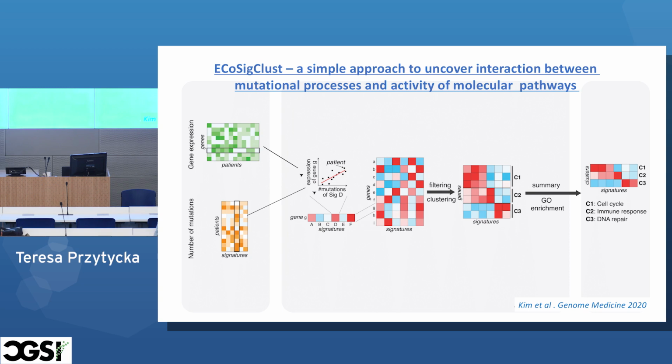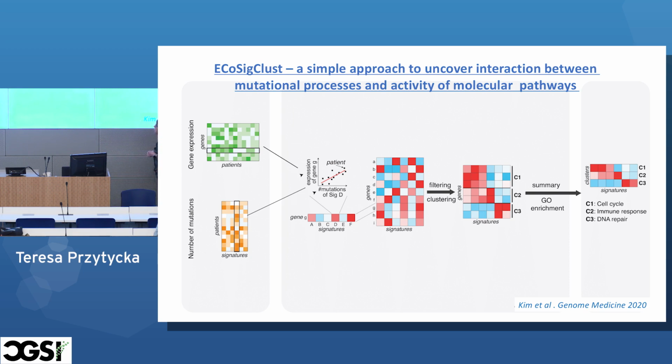One is a matrix of gene expression, the green matrix, patient by genes. The second is a matrix of signature exposure, patient by signatures. For every pair of gene and signature, we can look for a correlation. If there is one, we save this information in a gene by signature matrix, where we keep only the genes that correlate with at least one signature.